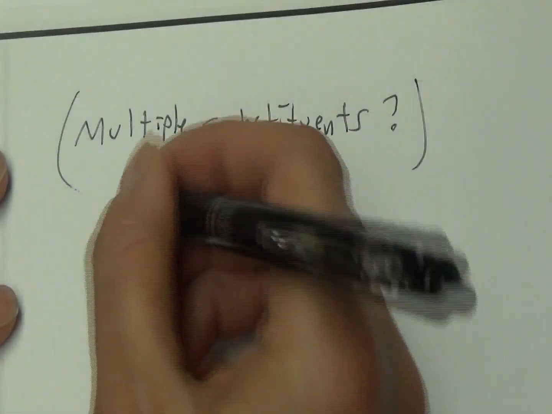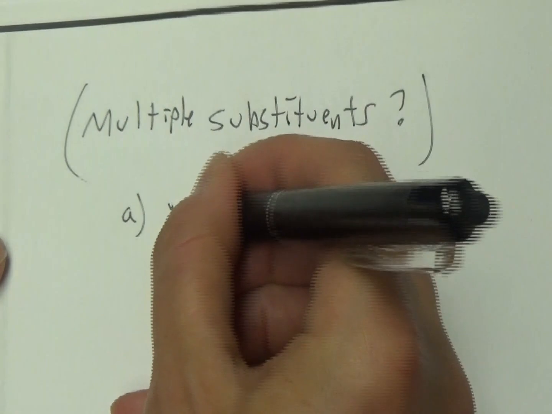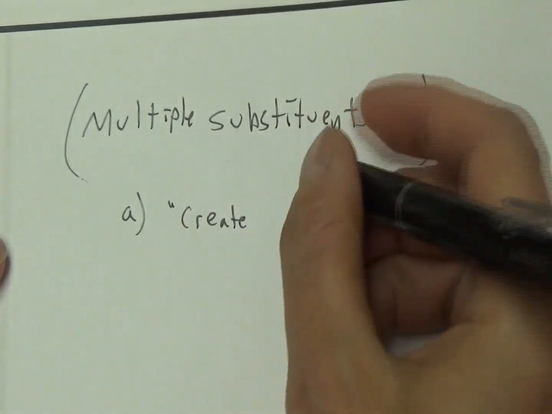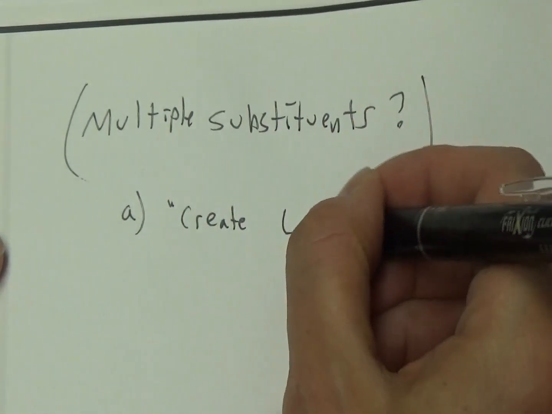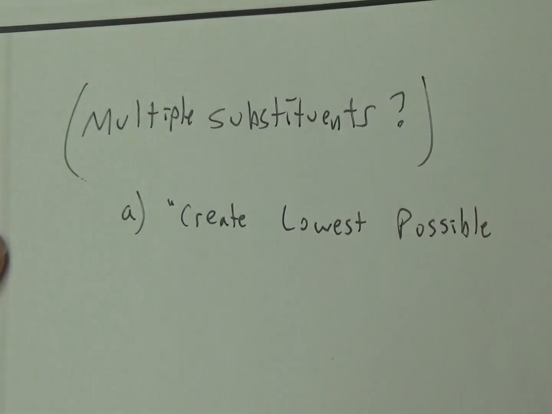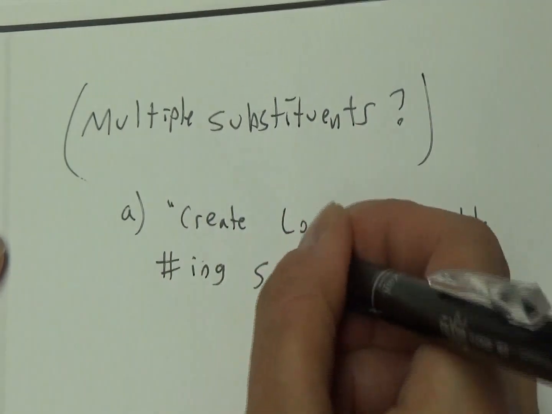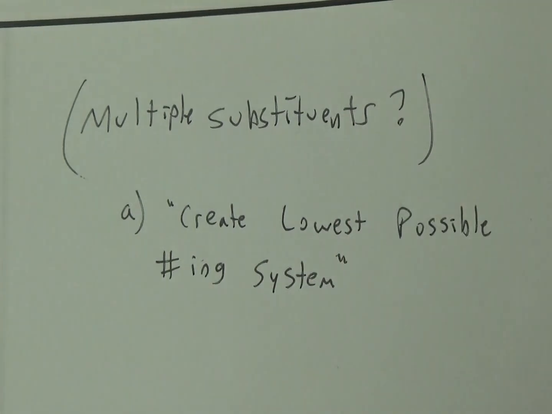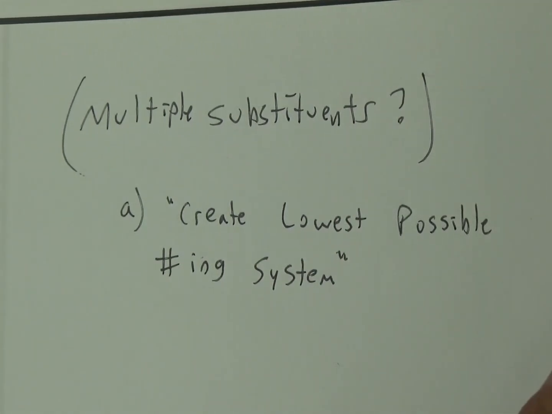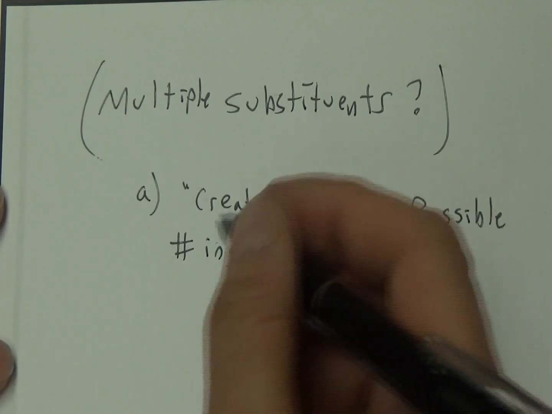First, we're going to create the lowest possible numbering system. I'll show you an example of this in a second.